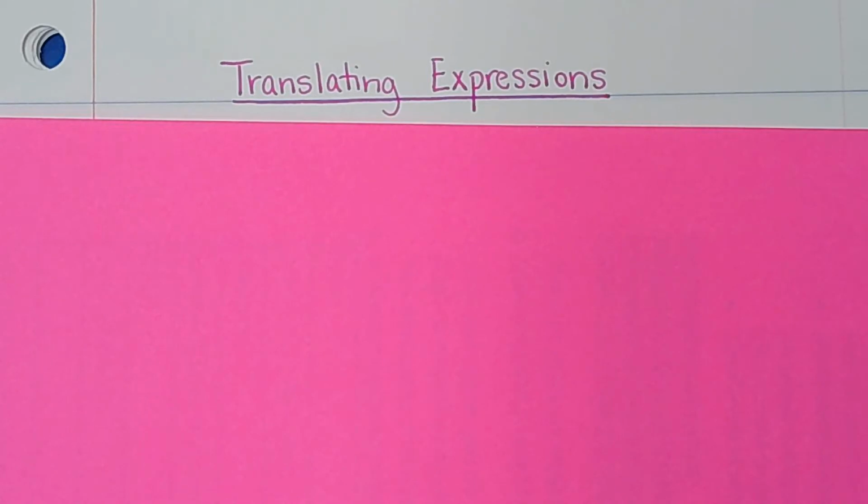Translating does have to do with words, a lot of verbal stuff. So what you're doing is taking a math sentence and making it into an expression, so putting numbers with it. For example, we're going to be using the words sum, difference, product, and quotient, things like that, to help you understand how the expression is supposed to look.